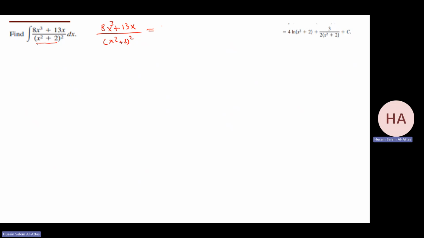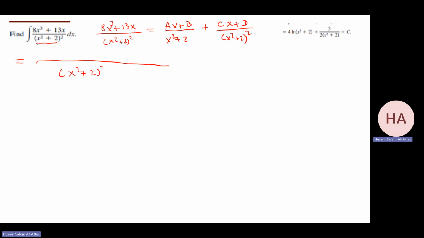Now this one, I will rewrite it as (ax plus b) over (x squared plus 2), plus (cx plus d) over (x squared plus 2) all squared. Now I need to do the calculation. I have the denominator, (x squared plus 2) all squared.